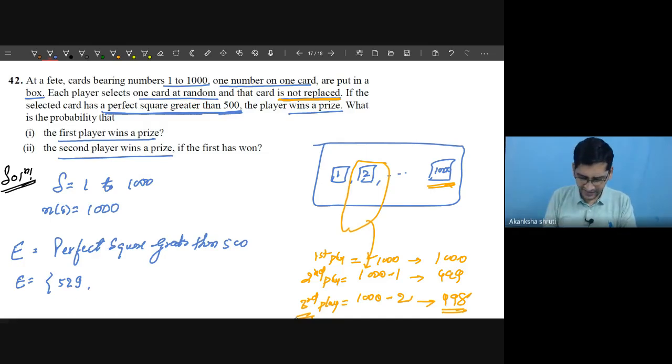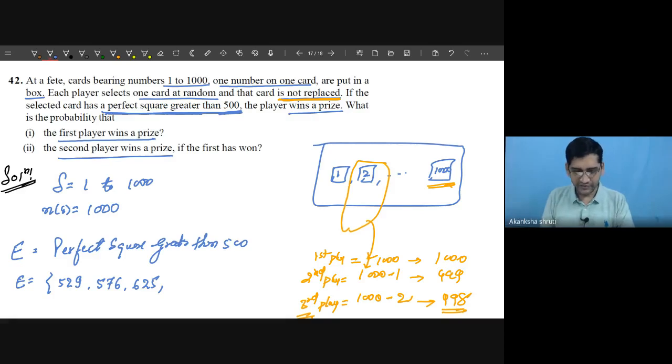What is the next? I think those of you who are preparing for the MAT could recall fast. 24 square is 576. Then 25. What is that? None of you know? 625. Very good. Then 26 square, students.